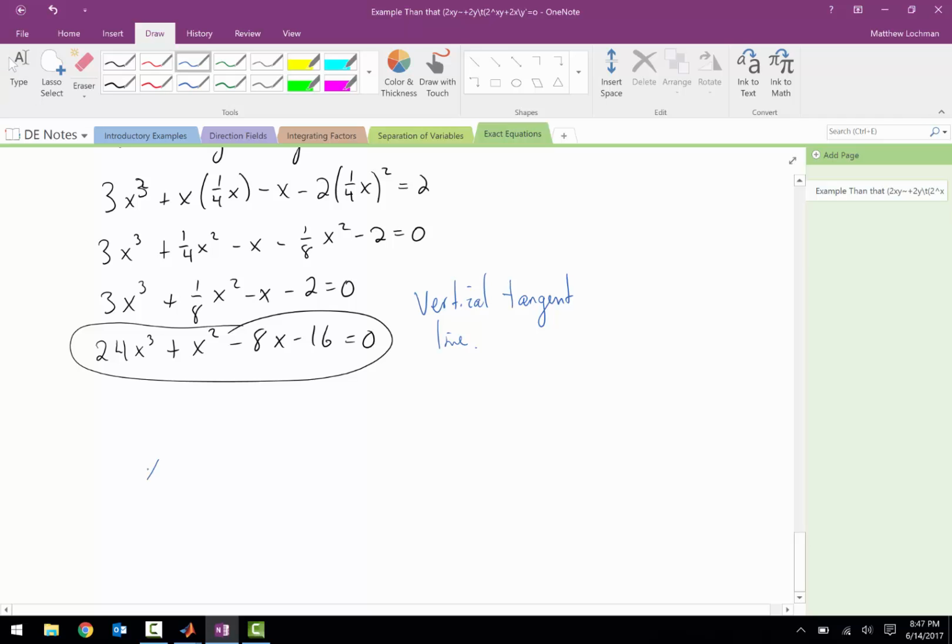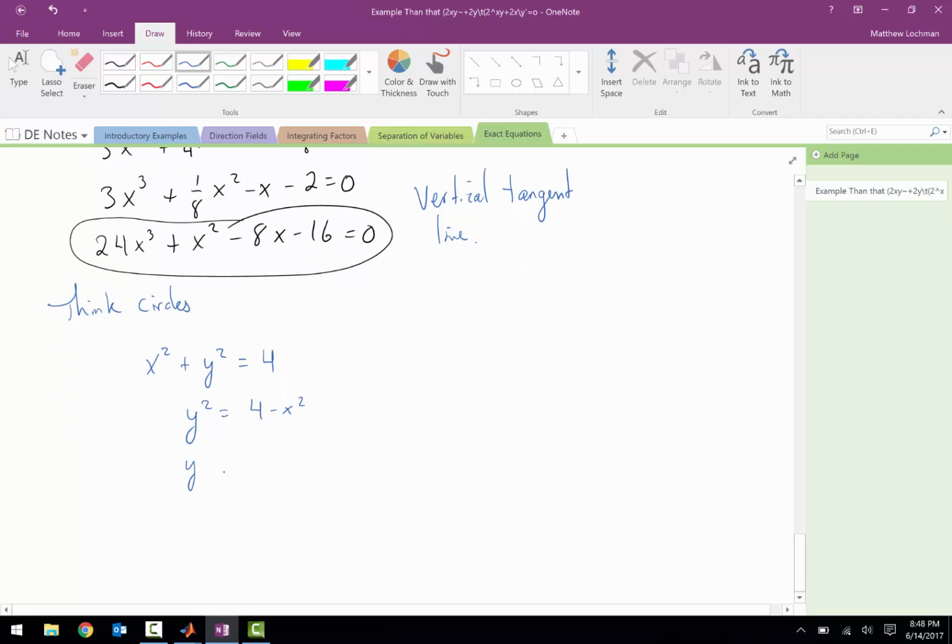So if we think about circles, something like, whatever, this guy, if I found its explicit form, I have this idea where I'm taking roots again, right? I have a plus or minus. What do those two graphs look like? Well, if you think about this, the plus root is this one, and so this is the plus root.